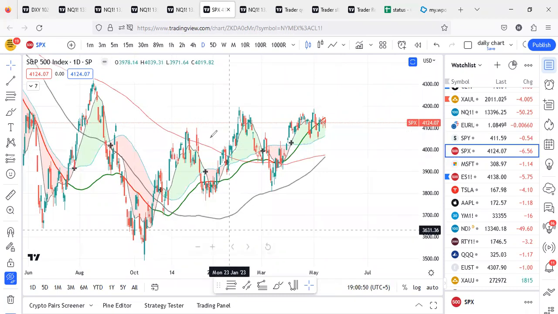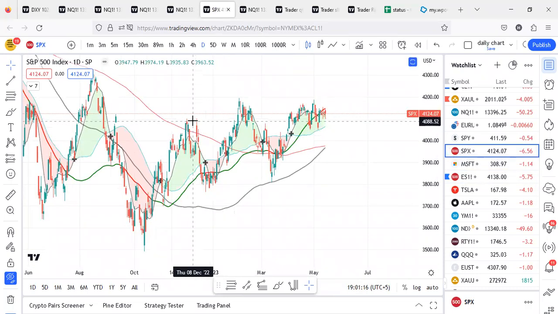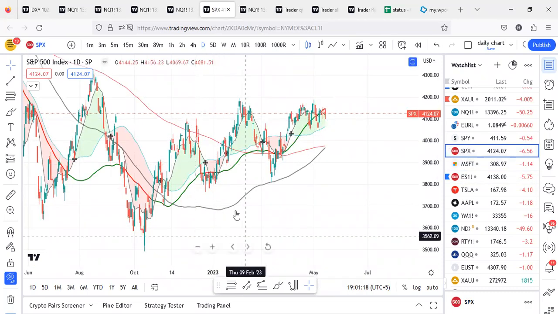For example, this up move didn't even break the top; it should have gone here as per the Fibonacci rules. Like in the ES futures, it went here. So if you are trading futures, you are fine. It fulfilled the Fibonacci rules. But most people are trading options, so they were caught off guard.